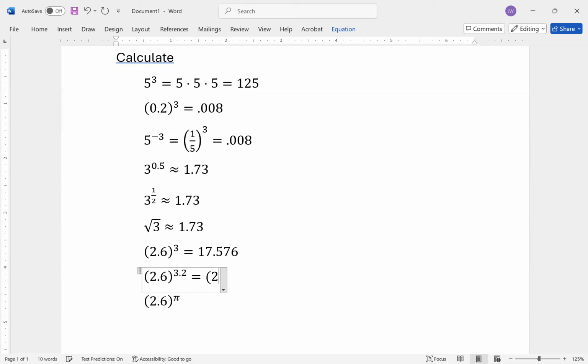So this is the same thing as 2.6 raised to the power 16 over 5. And I can actually rewrite that with roots. I'd have to do a fifth root of 2.6 to the 16th. That's difficult to do. Instead of doing that, I'm just going to type this into my calculator. 2.6 raised to the 3.2 power is about 21.28. I'm rounding to 2 decimal places with that value.